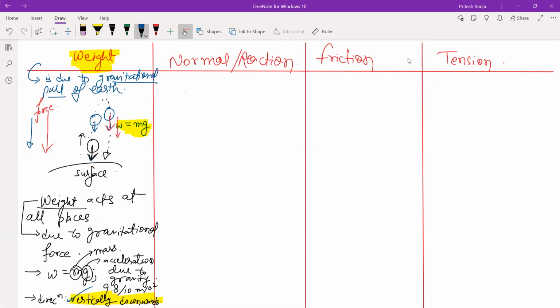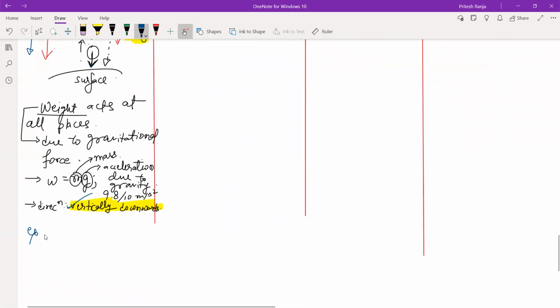Okay, you all must have written this. What is W is equal to mg? This is a formula to find out the weight. So for example, you can write this example as well. जैसे कि कोई ऑब्जेक्ट है, let us say it is 10 kg ऑब्जेक्ट. इस पे कितना वेट लगेगा? How will we find that?